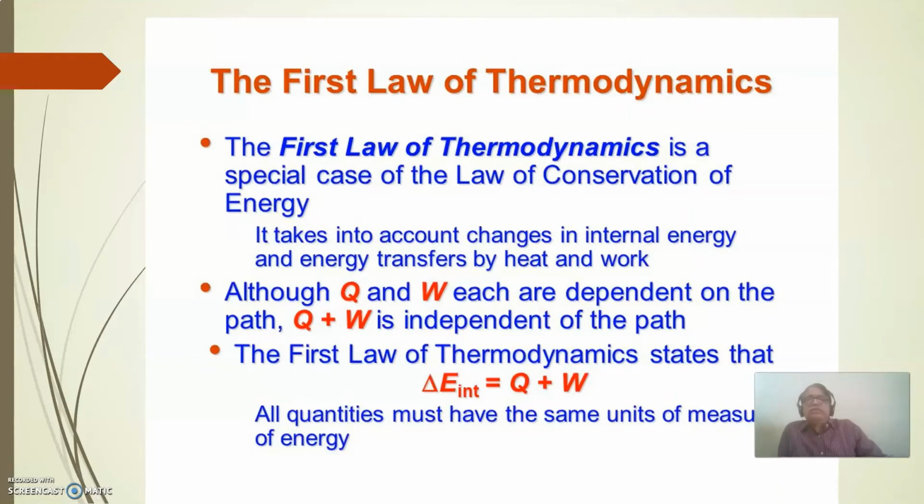After this, we will go for the first law of thermodynamics. It talks about energy. It is the conservation of energy. That means energy is neither created nor destroyed. It transfers from one form to the other.